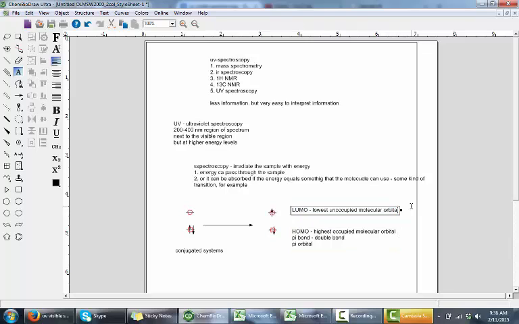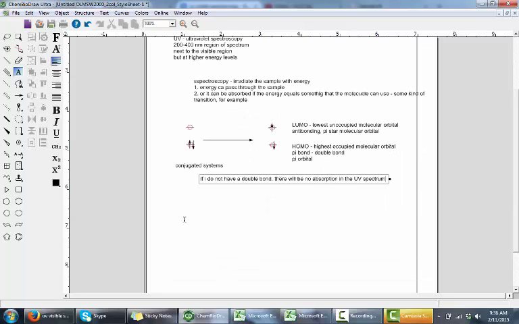This orbital here, the LUMO, is an anti-bonding, what's called a pi star molecular orbital. And again, with UV spectroscopy, we're promoting an electron in a double bond alkene from the pi to the pi star orbital, resulting in an absorption in the ultraviolet region. Just to be clear, if I do not have a double bond of some sort in my molecule, there will be no absorption in the UV spectrum at all.